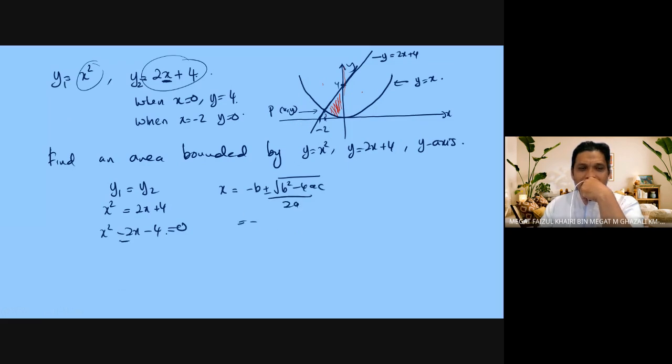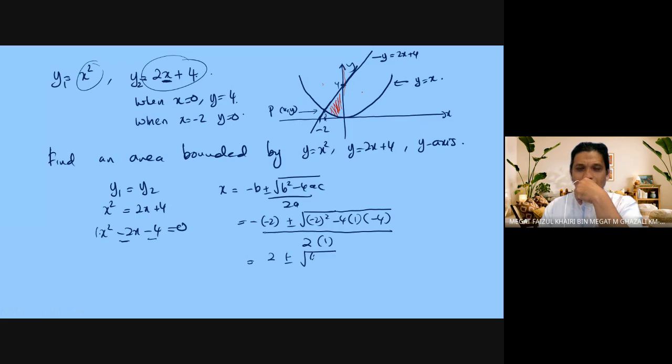Negative b is negative 2, plus minus square root of negative 2 squared minus 4a, which is 1 here, and c equal to negative 4, divided by 2a. So negative and negative is positive, plus minus square root of 2 squared, minus 4, negative and negative positive, 4 squared equal to 16, divided by 2.